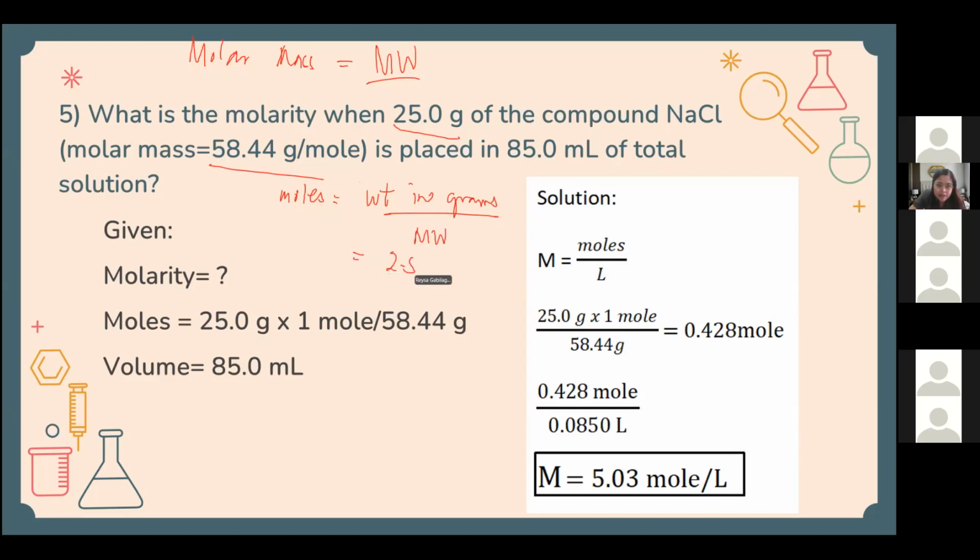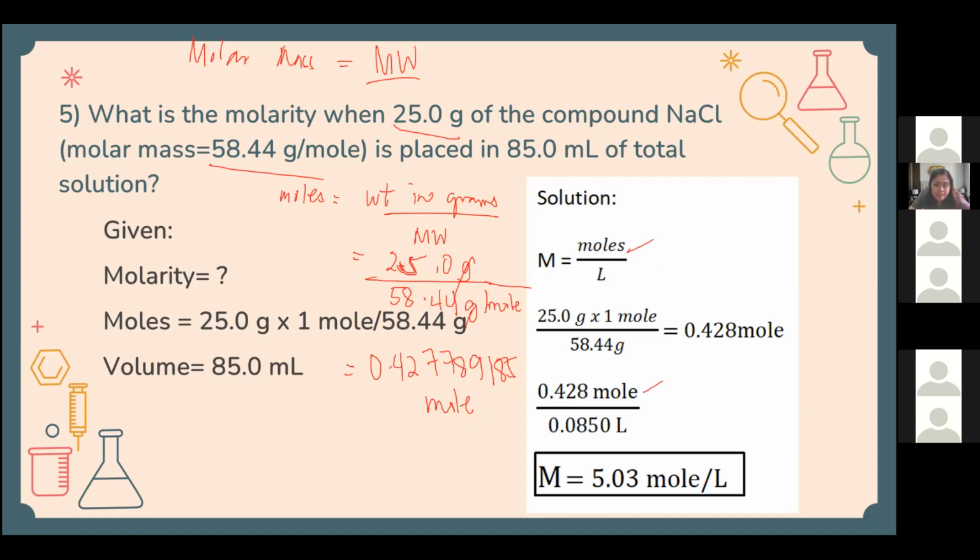So this is 25.0 grams divided by 58.4 grams per mole. So this is 25 divided by 58.44. If you copy everything, it is a bit long, but to be more accurate in our solving, let's just copy everything, cancel the grams, and you will be left with the mole. And then you have the moles now. You can place it there, they just rounded it off.